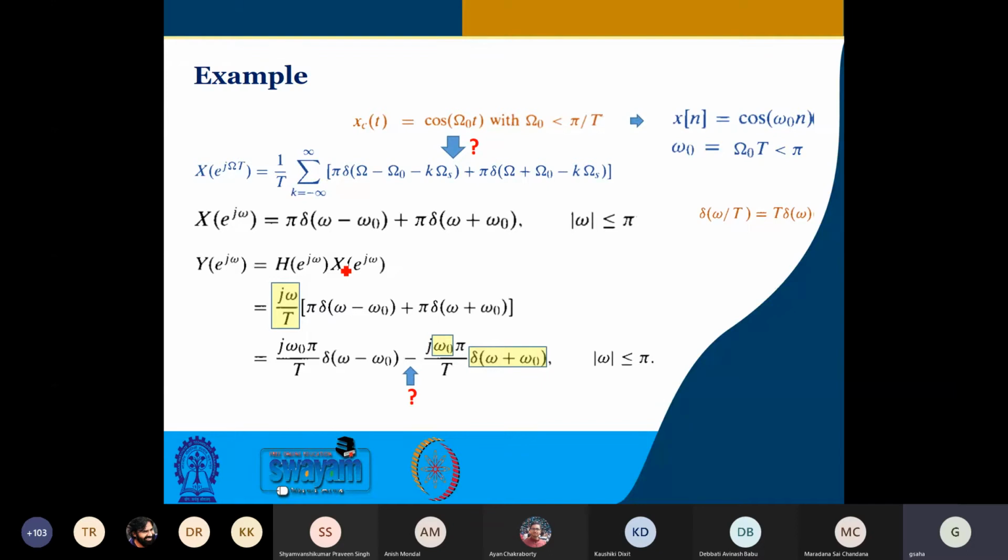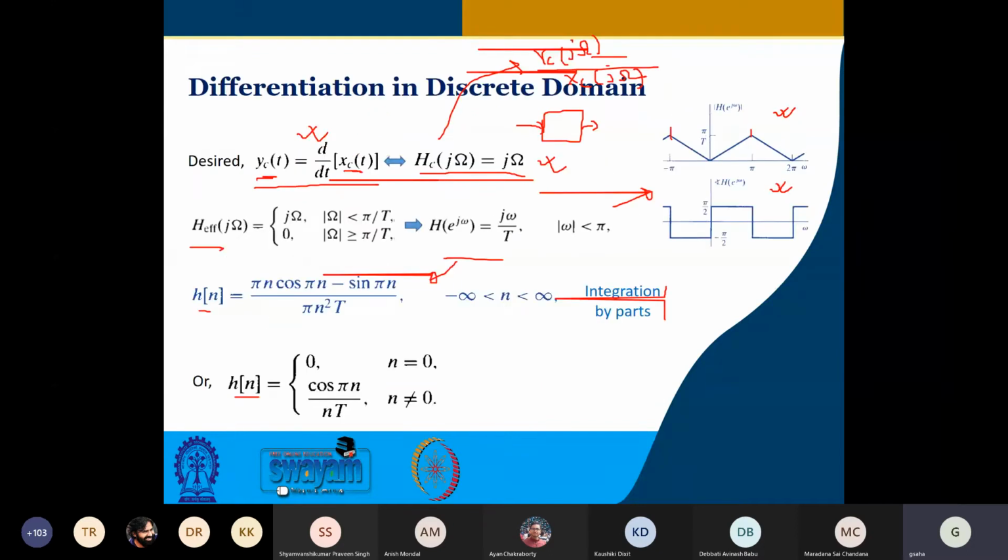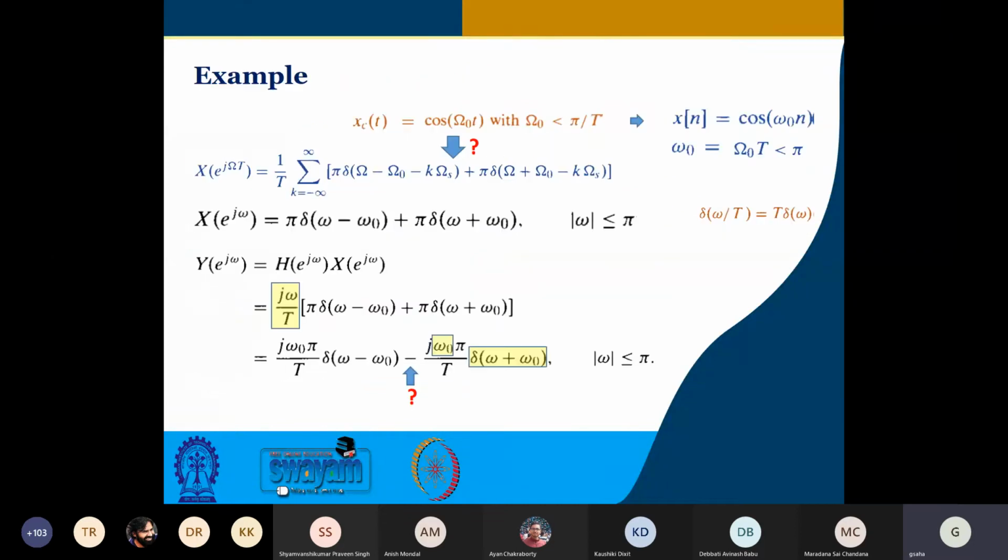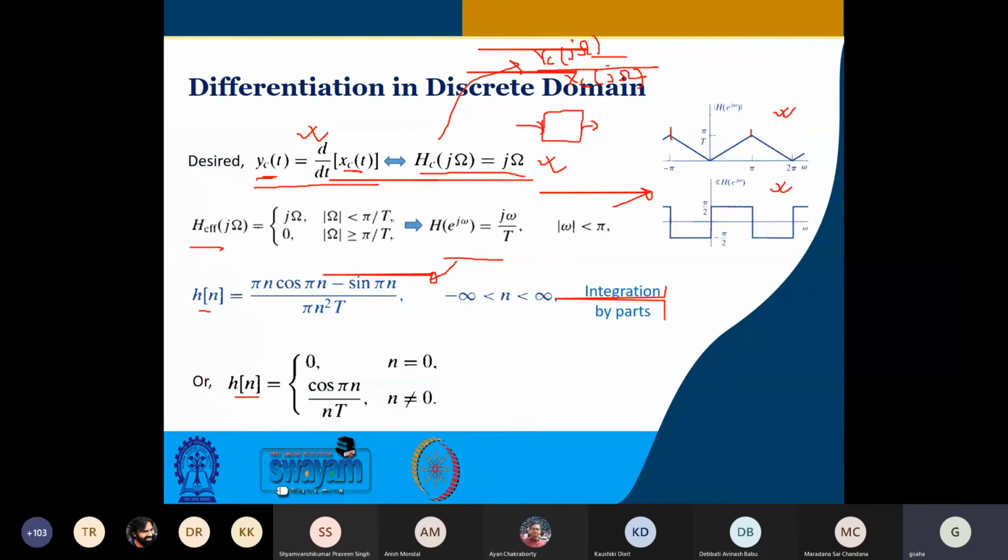move to the next. So we have an understanding of it, and we know what H(e^jω) is. Now we look at this particular system that you want to realize. You have to look at h[n] like this. Of course, it is up to infinity, and you will not get anything up to infinity, so there will be truncation and issues because of that.